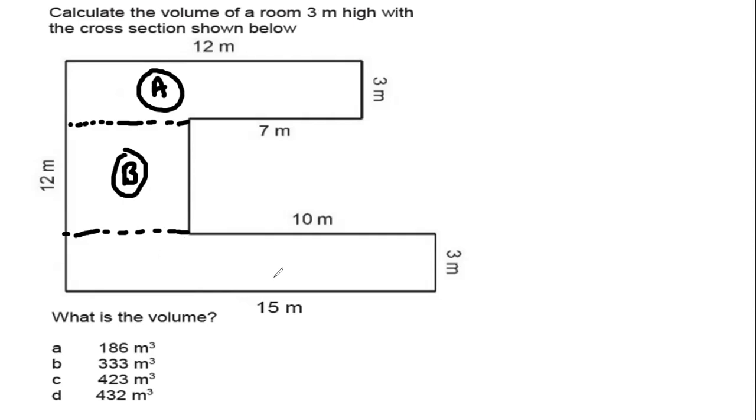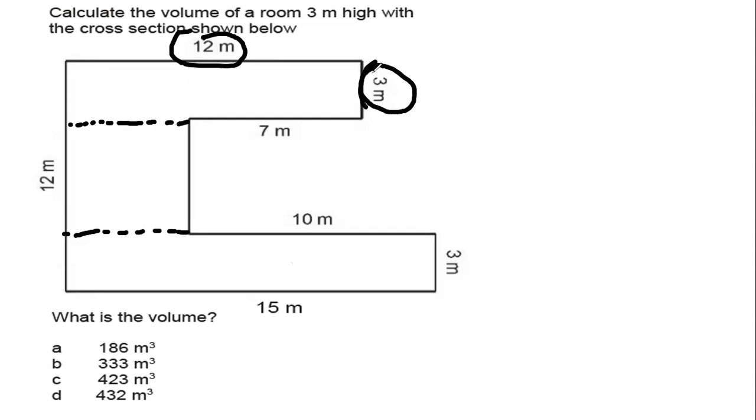All right. Now, as you can see, class, this is a rectangle, and this is also a rectangle. And how do we find the area of a rectangle? It is length times width. What is 3 times 12, class? What's 3 12s?